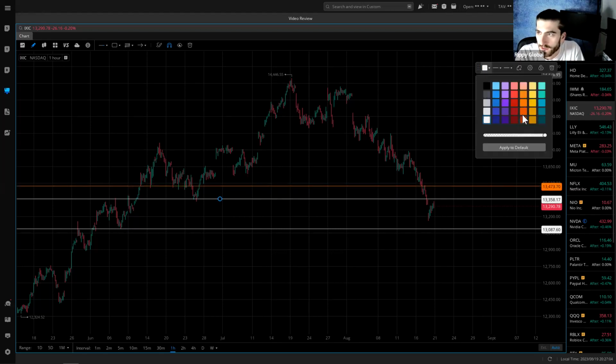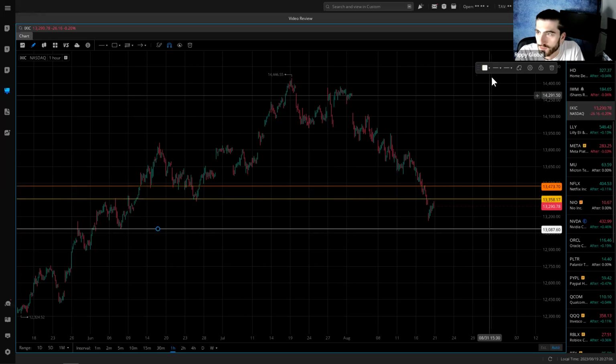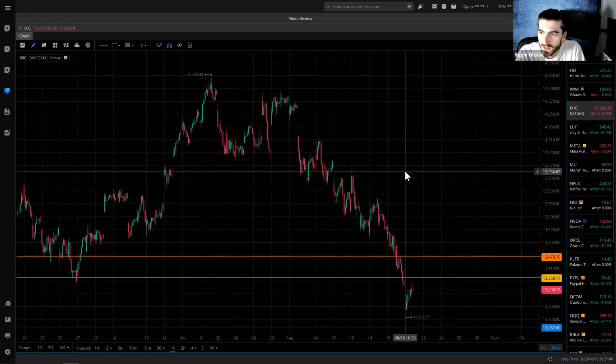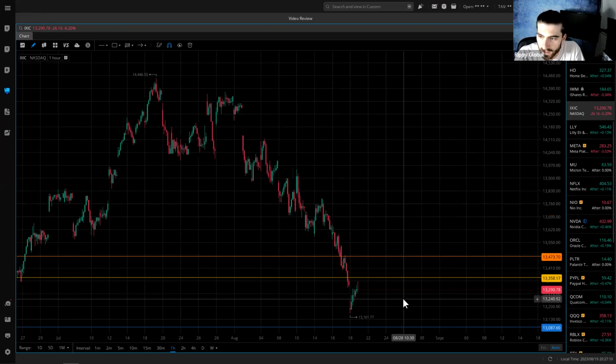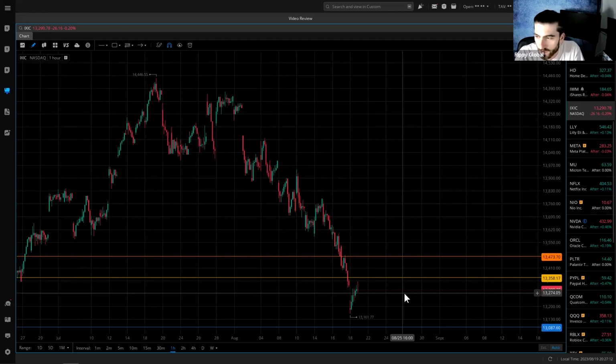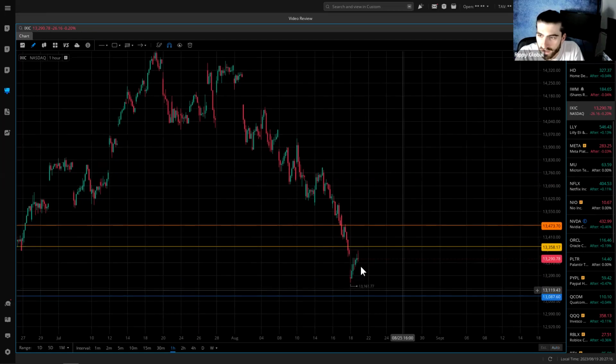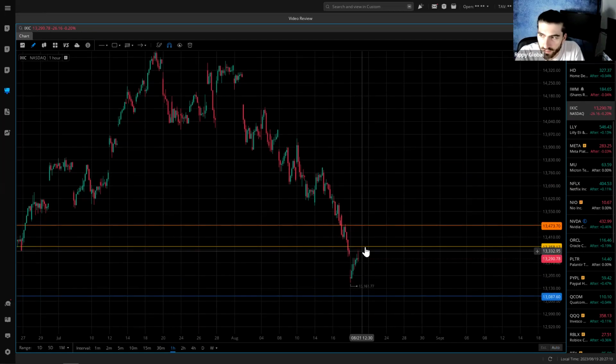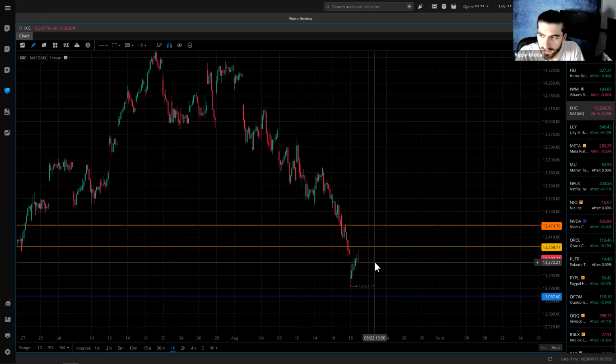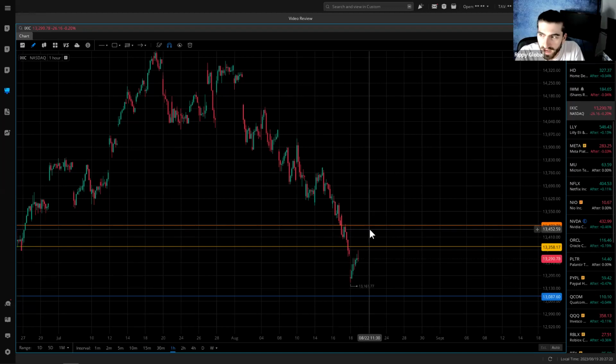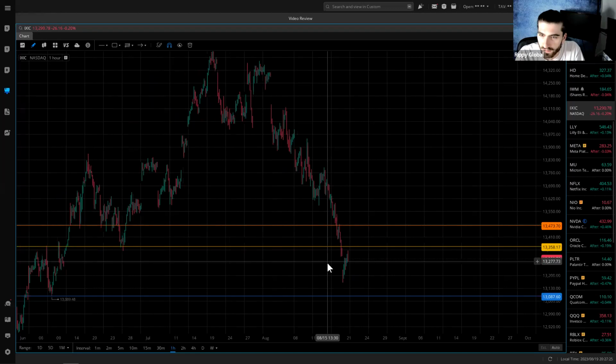So with the NASDAQ, we bounced off 13,161. Main support I see is roughly 13,087. If we keep pushing upside, I see resistance at 13,358, and then above that at 13,473.